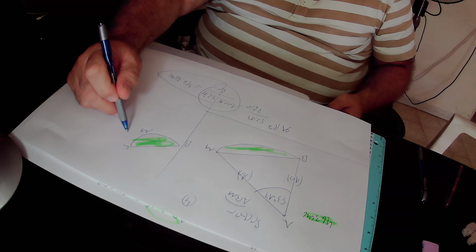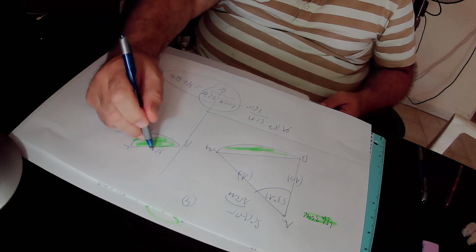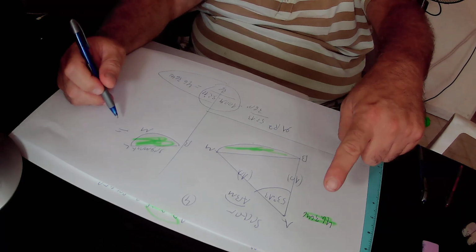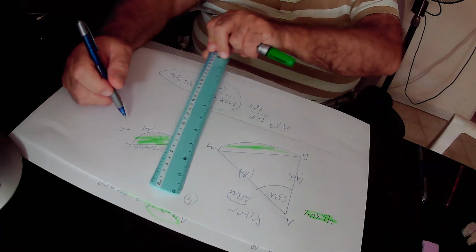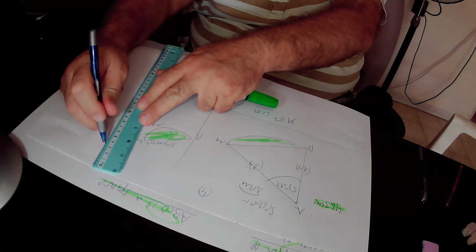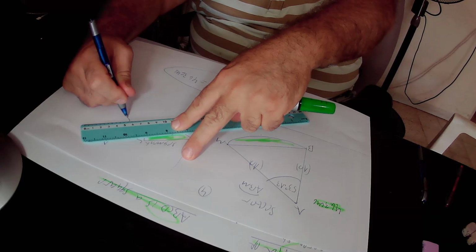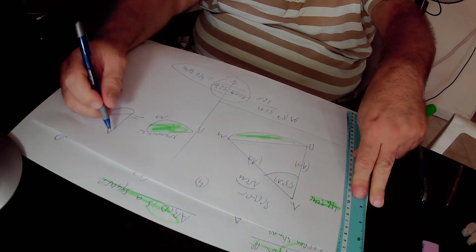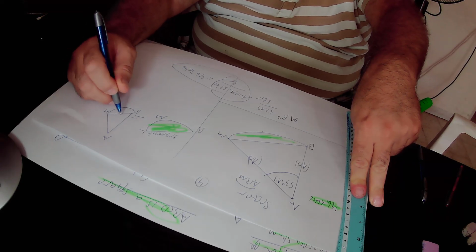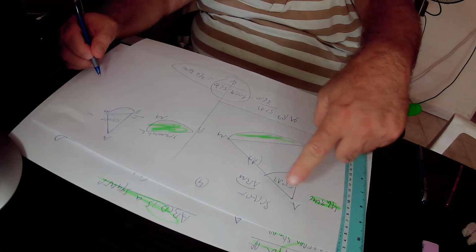So as you know, the area of segment BLM is equal to the area of sector ABM minus the area of this triangle ABM.